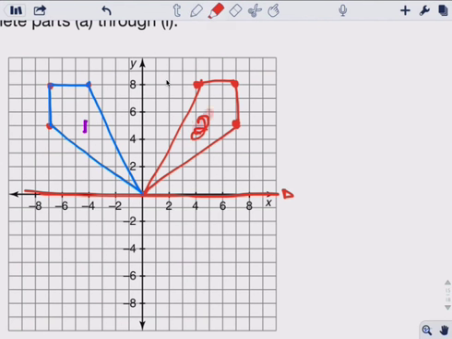So on the other side, so if we reflect it, okay, this goes 1, 2, 3, 4, 5 away, 1, 2, 3, 4, 5 away. It's over here, so it's 7, negative 5. So this is 7, 5. So notice the change here.